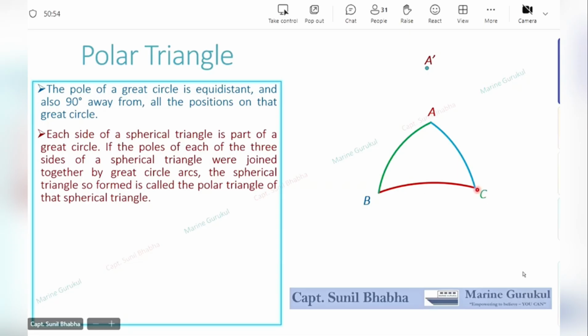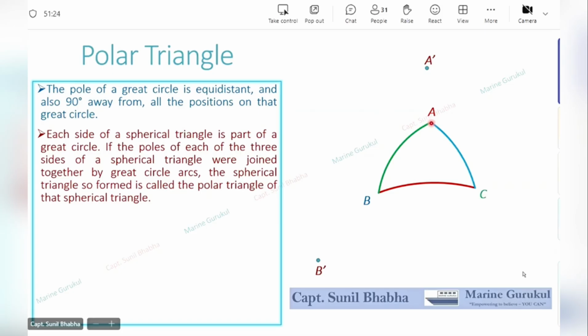Now, likewise, the second side of this spherical triangle, let's take the example of side Alpha to Charlie, the blue color side. This side is also part of a great circle. Let's assume that the pole of this great circle is at this particular point, Bravo dash. You can see point Bravo dash coming up in the diagram now. This point Bravo dash is the pole of the great circle track Alpha to Charlie.